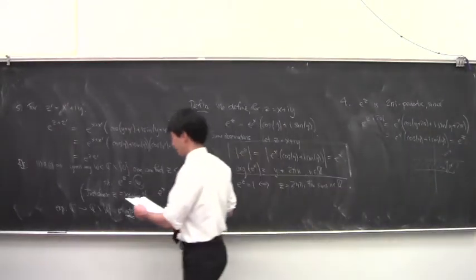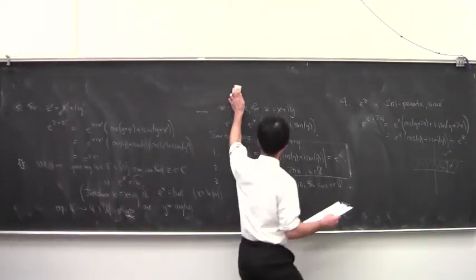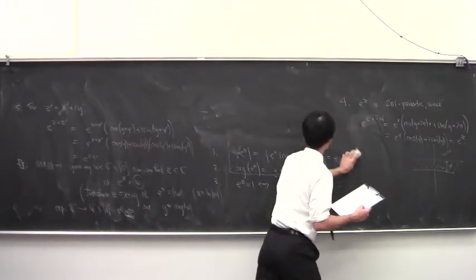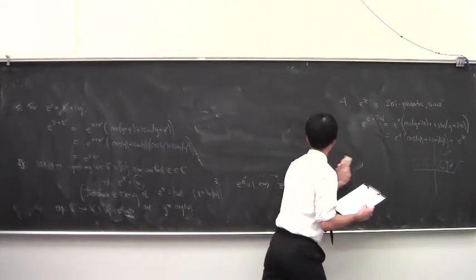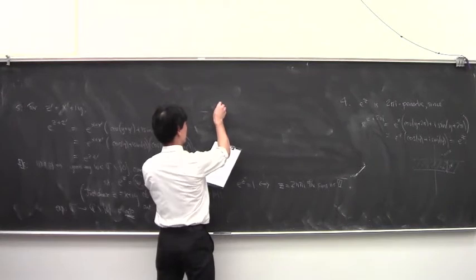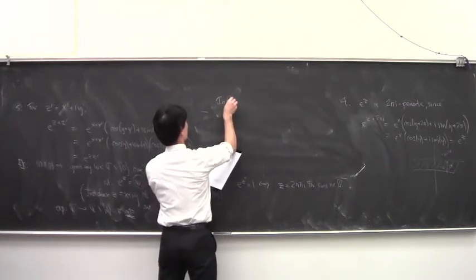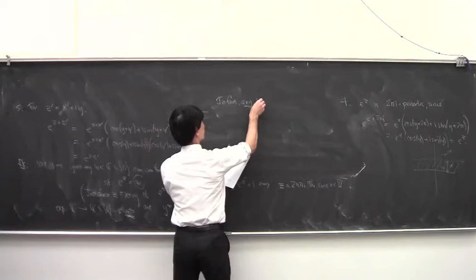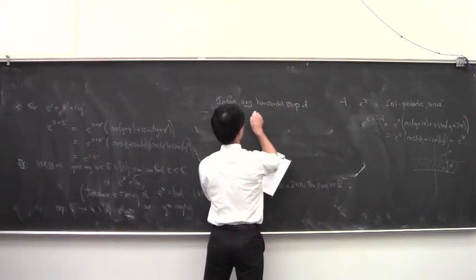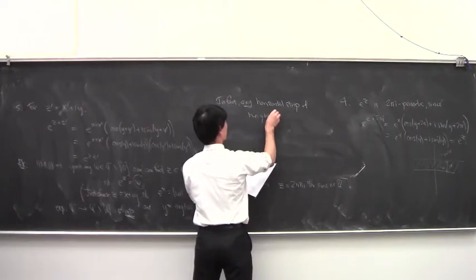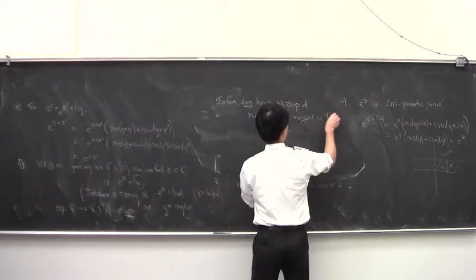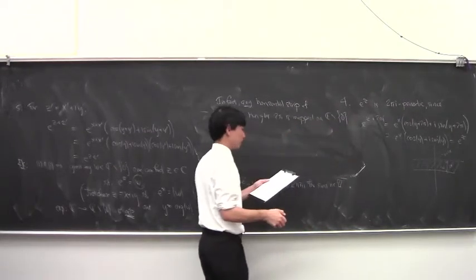Okay. So in fact, any horizontal strip of height 2 pi is mapped onto the complex plane minus the origin.